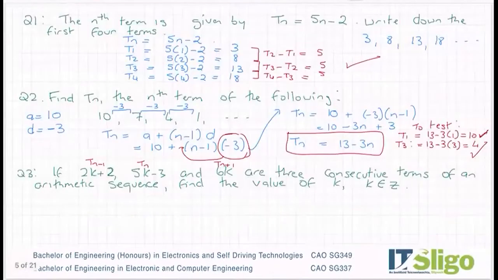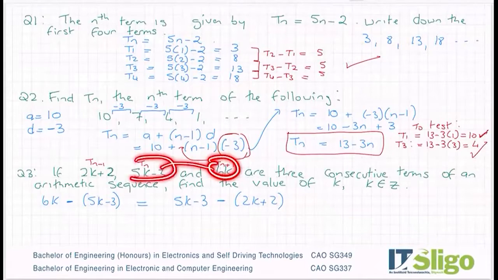So in other words, 6k minus 5k minus 3 has to be equal to 5k minus 3 minus the term that came before that. So this term minus this term, because remember we're adding and subtracting the same amount every time.